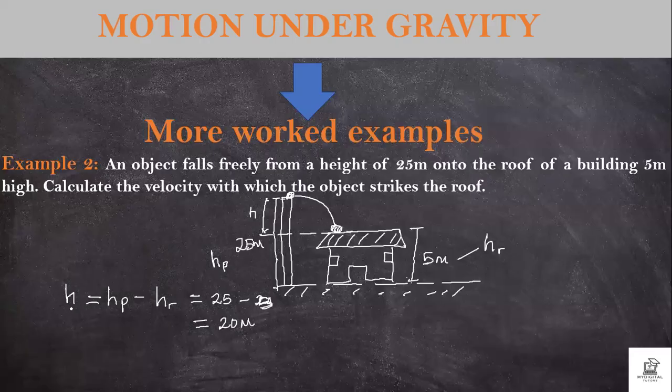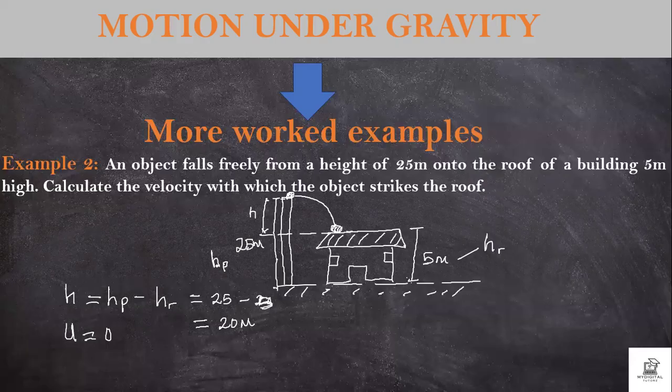We have gotten H. Remember we said when an object falls from a height, the initial velocity u will be equal to 0. But when an object is projected up, on getting to the maximum height, the final velocity v will be equal to 0.